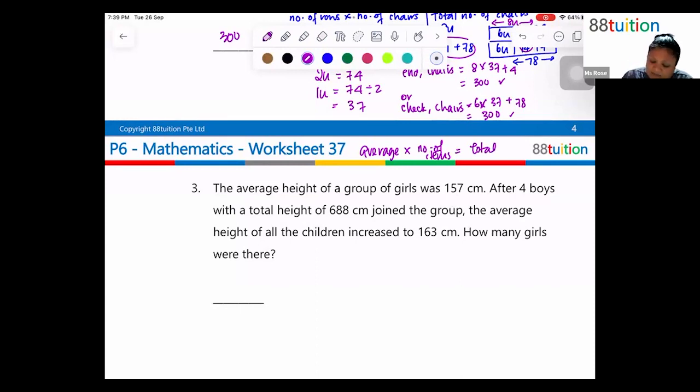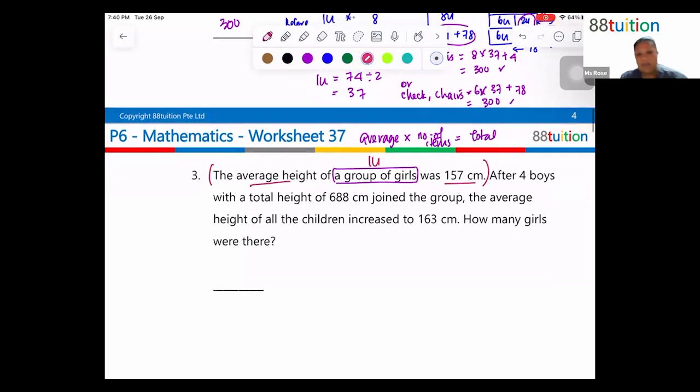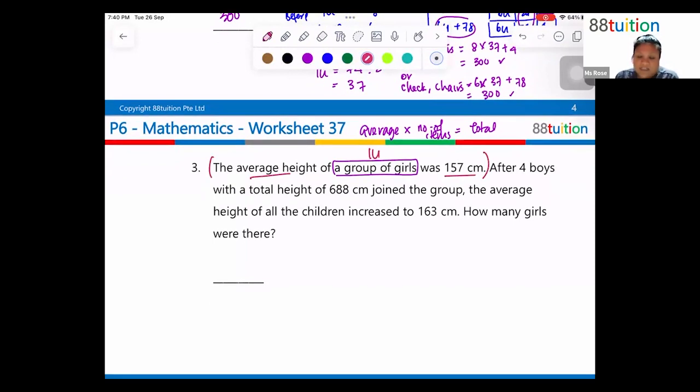It says here the average height of a group of girls. Do we know how many girls there are? We don't know. So I'm going to say one group, one unit of girls. The average height is 157. Now, if the average height of one unit of girls is 157, can I find the total height?